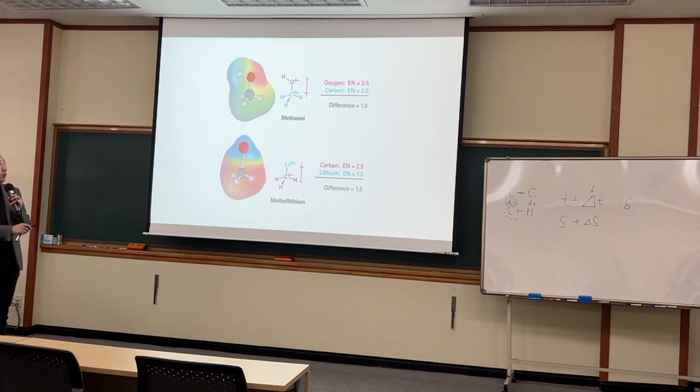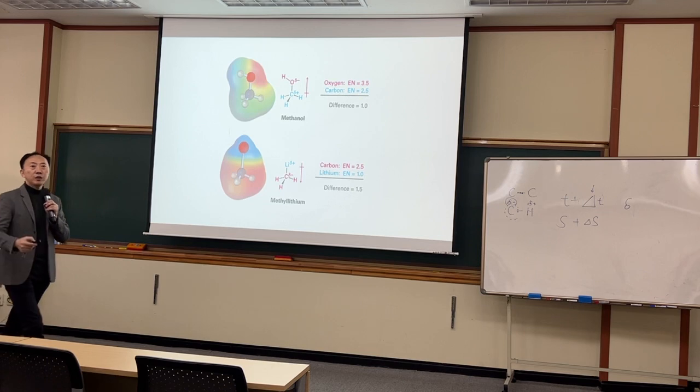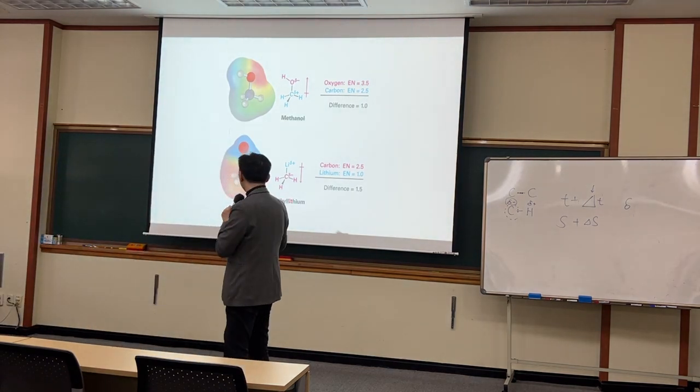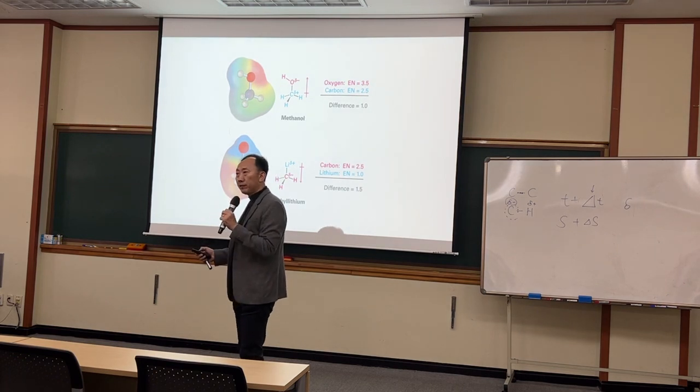Electronegativity value-wise, this is 1.0. This is the opposite direction of 1.5. Which one is more polar? This is more polar. This number becomes bigger. That means the difference of one atom to the other atom becomes bigger. That makes this molecule even more polar.